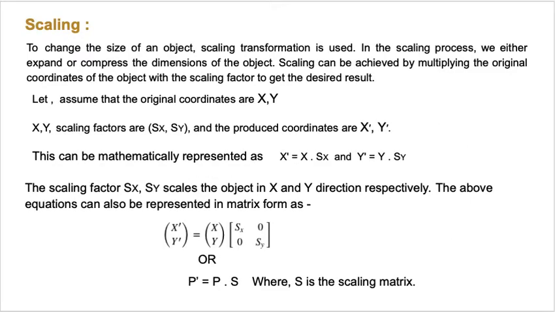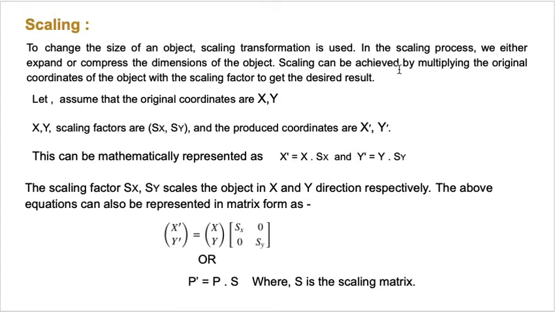Now the scaling part. To change the size of an object, enlarging or minimizing the figure, the scaling transformation is used. In the scaling process, we either expand or compress the dimensions of the object.